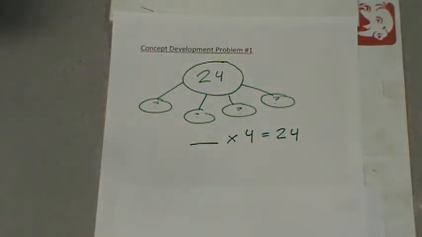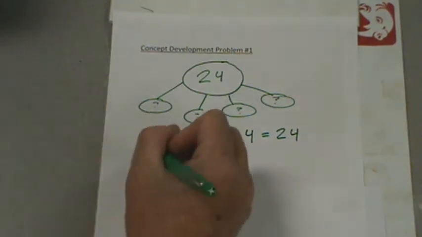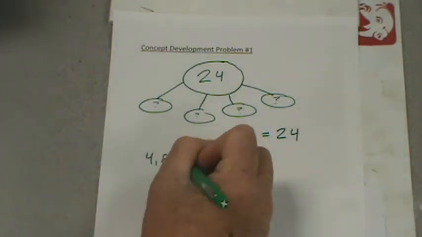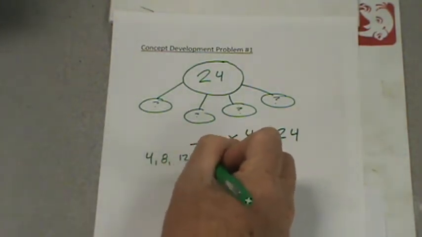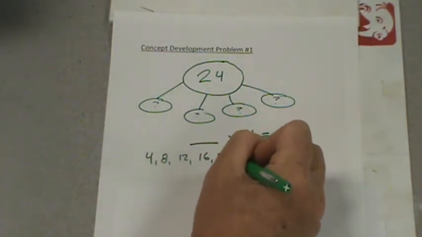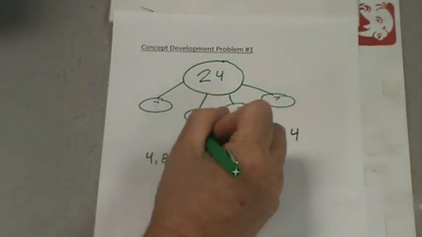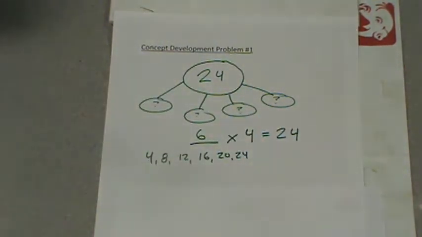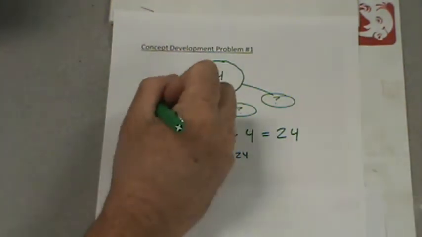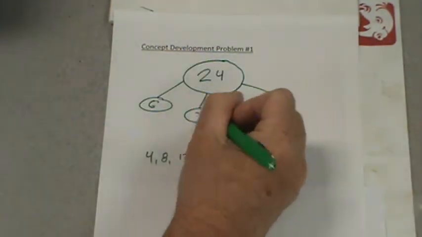So think back to the application problem, and what was our answer to that? Well, we could skip count. We could say 4, 8, 12, 16, 20, 24. That's 1, 2, 3, 4, 5, 6. So it must be 6 times 4 equals 24. And each of these parts of the number bond would be 6, right?